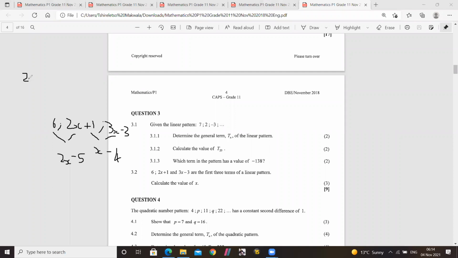So you say 2x minus 5 is equal to x minus 4. Let's calculate x. So x is 1.